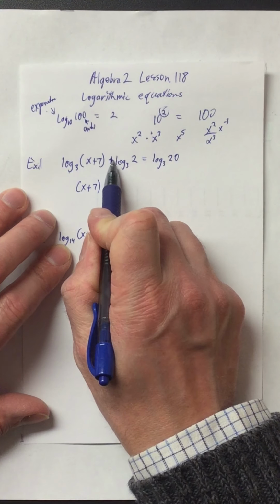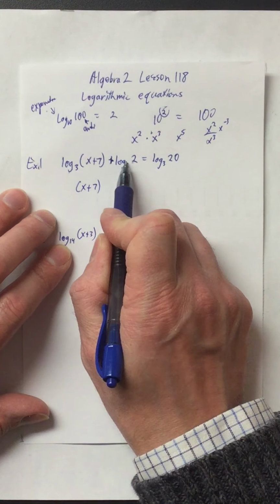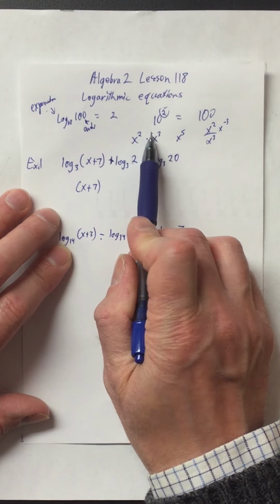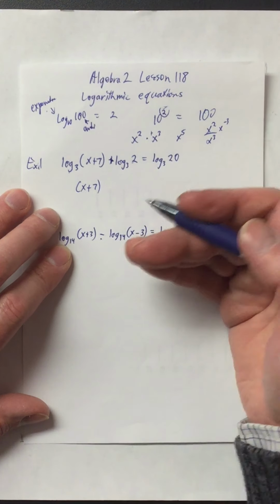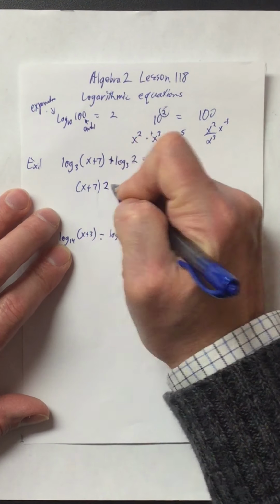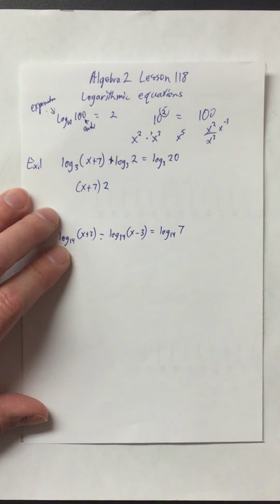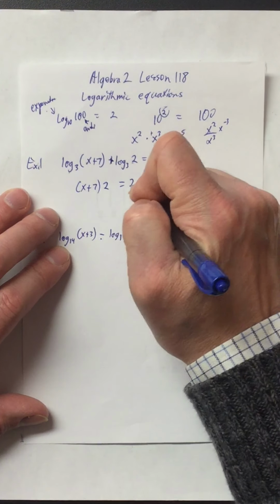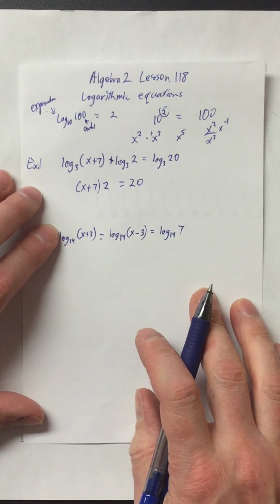However, since there's a plus sign connecting these two, because we're adding exponents, that's the same function. That's the way we actually multiply those. We're going to multiply these like this because we're using that rule backwards. And that would be equal to 20 if I divide out my log 3.